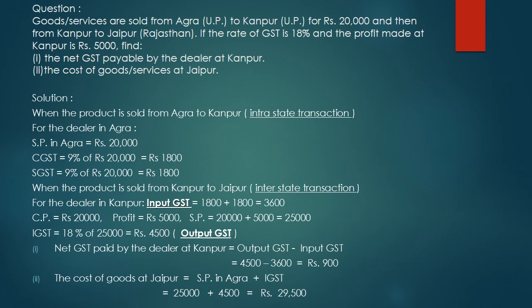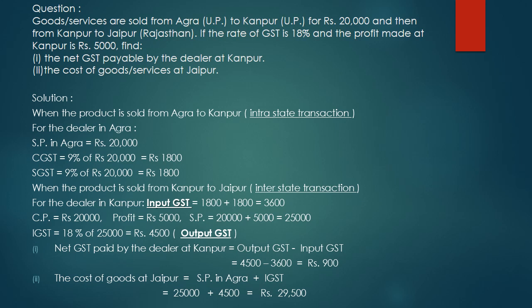So the cost price in Jaipur will be equal to rupees 20,000. Then the profit made over it is rupees 5,000. So the selling price will be equal to 20,000 plus 5,000, which is 25,000 rupees.